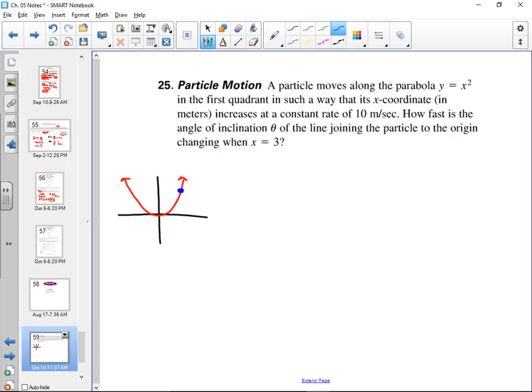Do your representative point, yeah? X coordinates, so that would be. So we have the X degree.